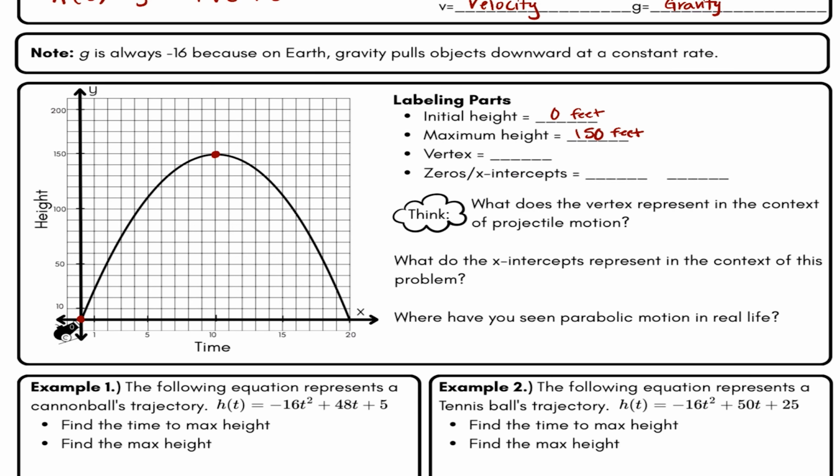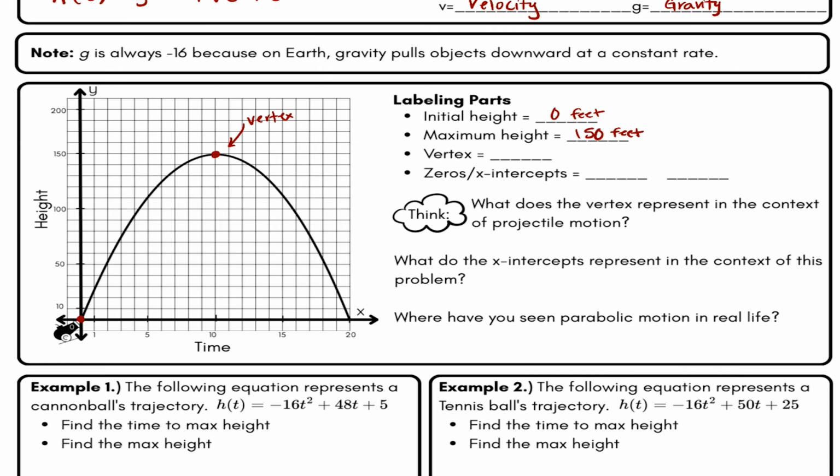Now, I'm assuming that you guys are familiar, but if not, what we just labeled is called the vertex. This is the vertex. Now, this is a downward opening vertex, so this could also be called a maximum, right? Which fits perfectly because it's also called the maximum height of a projectile.